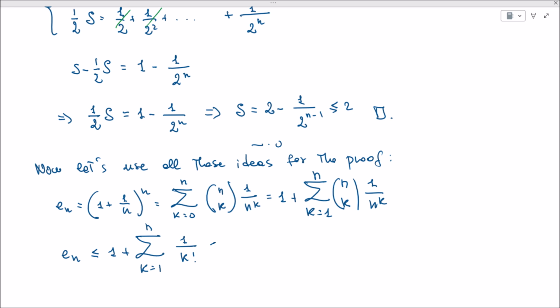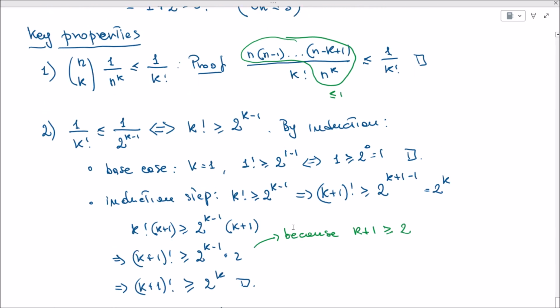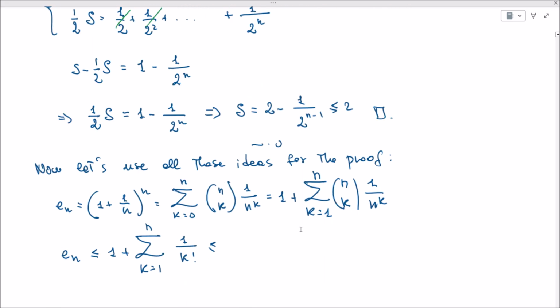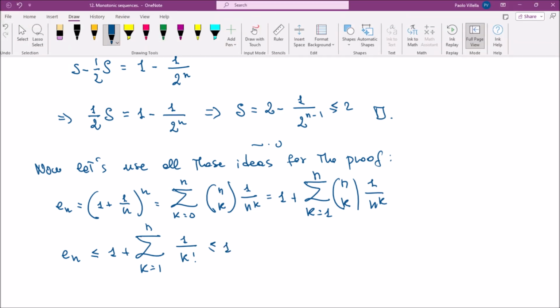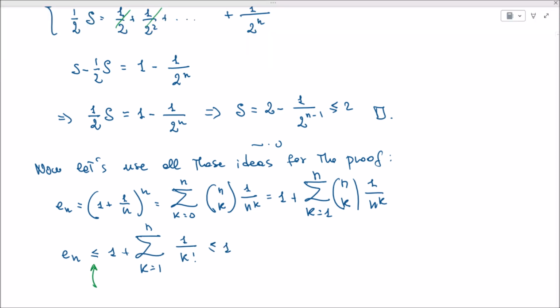But now, using the property 2, we know that if we replace 1 over k factorial with 1 over 2 to the k minus 1, we get a higher number. So let me say that in this case, we're just using property 1. In this case, we're just using property 2.